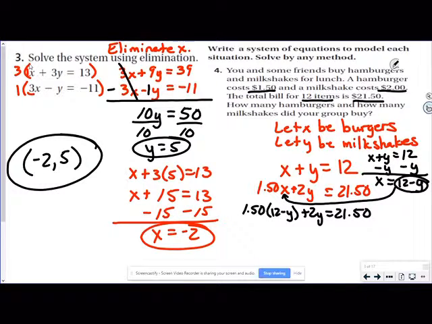Then sit there and do your math. So 12 times the 1.5 is 18, minus 1.50y plus 2y equals 21.50. Combine the like terms. This gives me 18 plus 0.5y equal to 21.50.